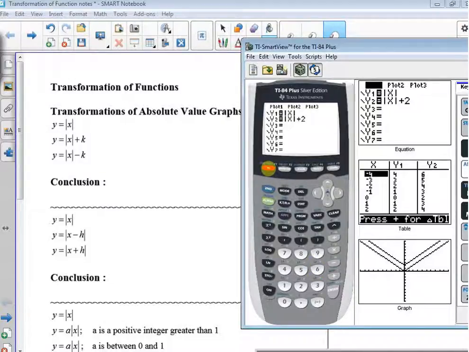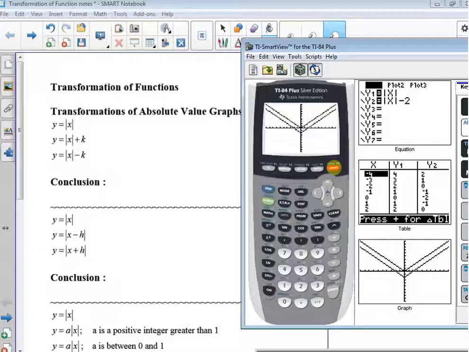Now change it to minus 2. And I'm sure you can tell me it's going to go 2 down. All right, so then let's go back there and let's go inside.